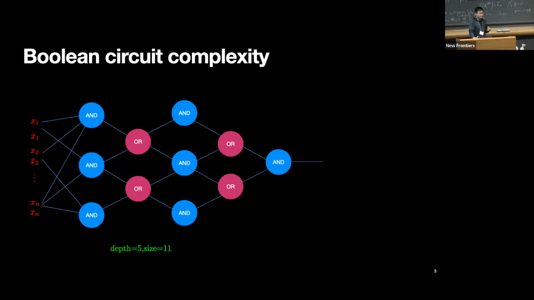The other is called size, which is the total number of gates in the circuit. They basically determine the running time of the circuit, which means they quantify the complexity of the circuit. So here is an example of a Boolean circuit with depth equal to 5 and size equal to 11.